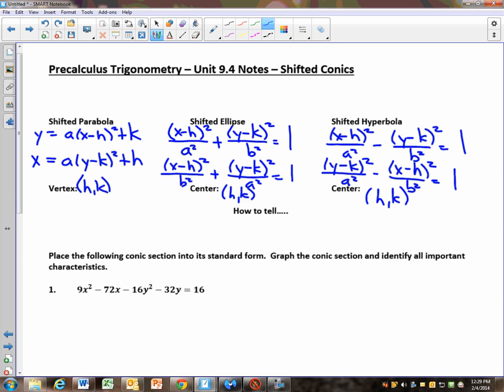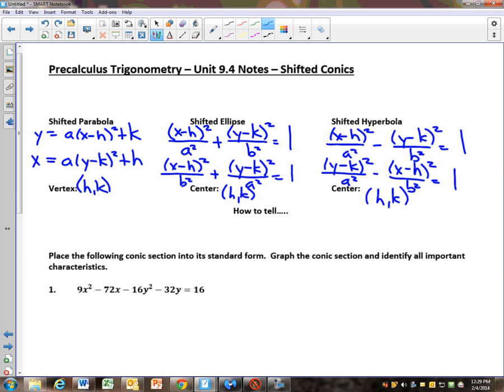No division, okay. No fraction. What else? Okay, there is a variable on one side. Yeah, the other two are equal to 1. This one's got a variable. What do you notice about the x and y values in the parabola compared to the ellipse and the hyperbola?